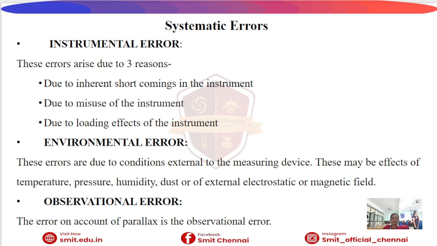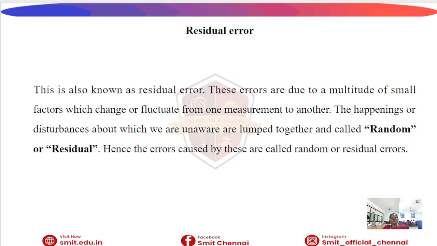Instrumental errors arise due to defects or misuse of instruments. Environmental errors arise due to temperature, humidity, dust, and magnetic fields. Observational errors arise mainly due to parallax. Residual or random errors are caused by small, unpredictable factors. These errors vary from reading to reading and they cannot be completely eliminated.